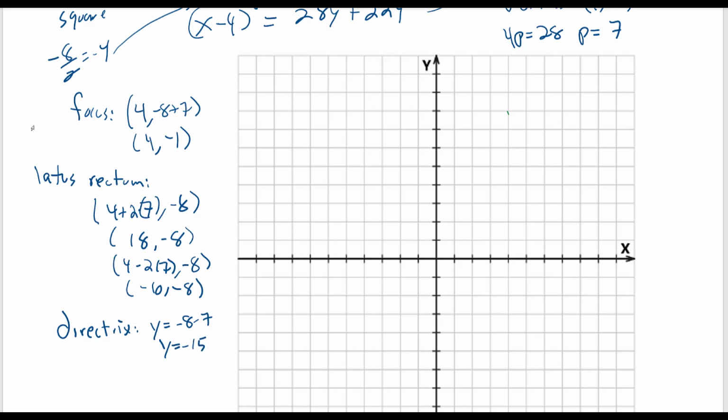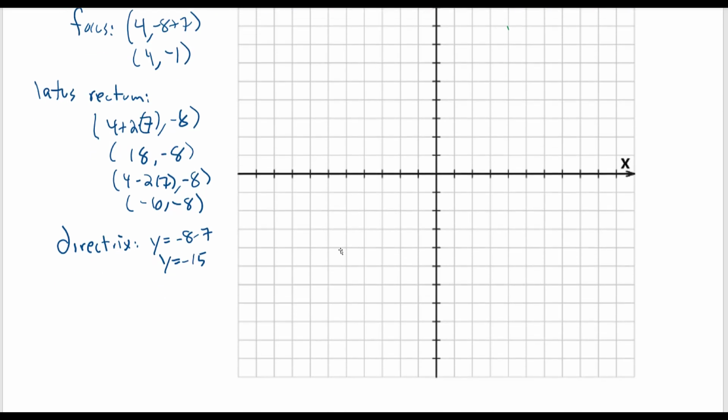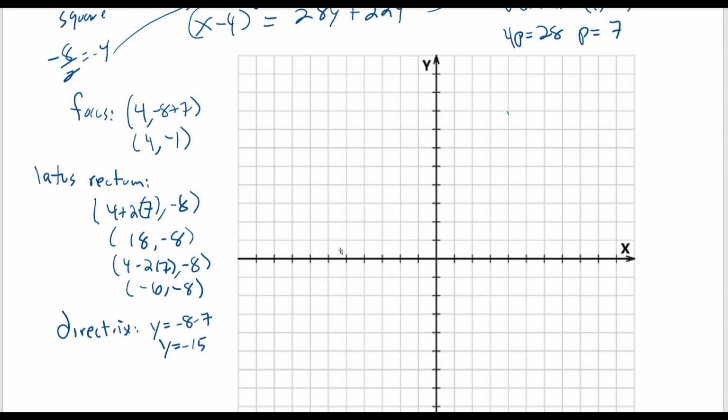So I'm thinking I should scale things by 2s on this. So let's see. I said 2, 4, 6, 8, 10, 12, 14, 16, 18, 20, 22. I go negative 2, negative 4, negative 6, negative 8, negative 10, negative 12. That's probably far enough.